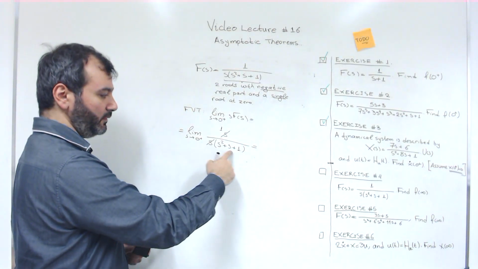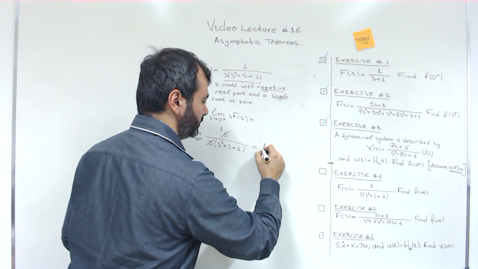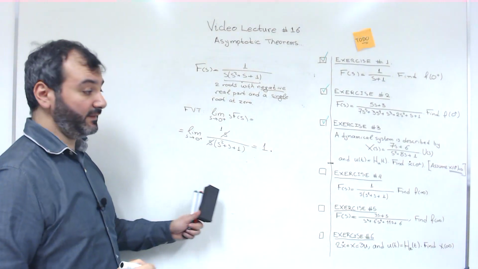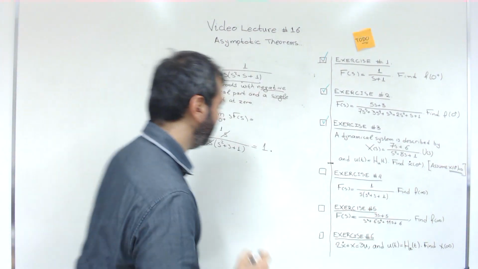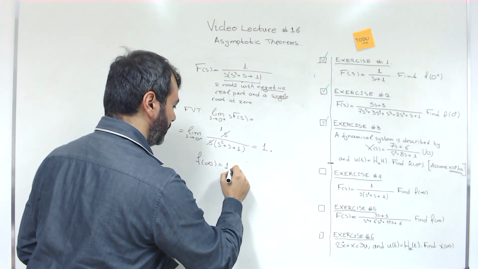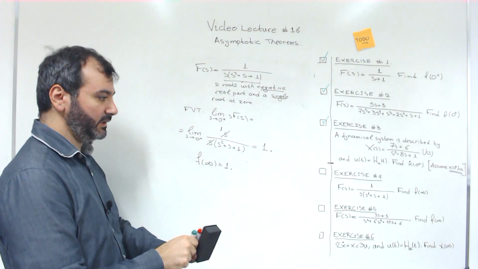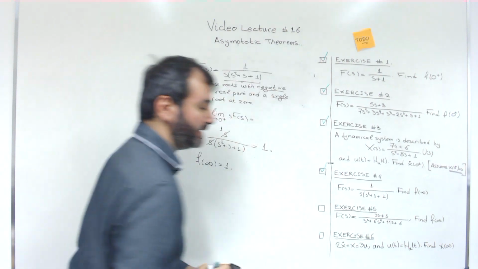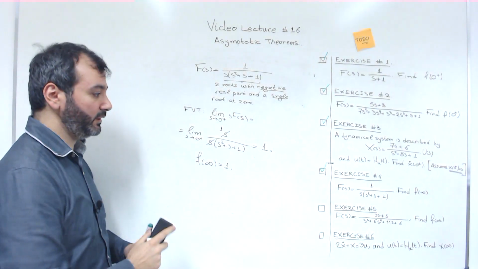This goes to 0, so this goes to 1. And the answer is 1. F at infinity is equal to 1. And that's the answer, and we have solved this exercise. Very good.